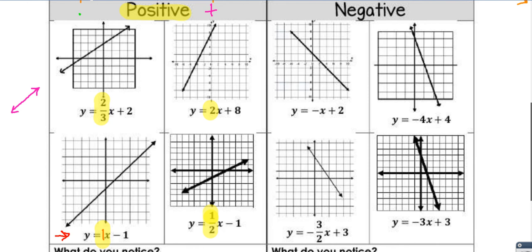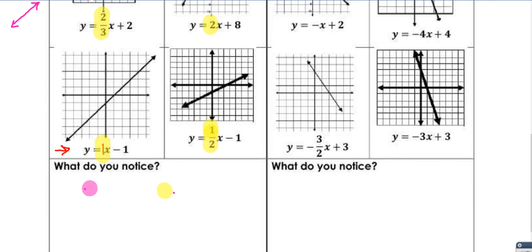So what we're going to write in the what do you notice section is that they always point up and right.